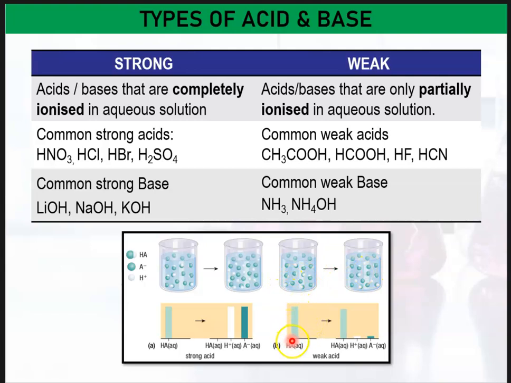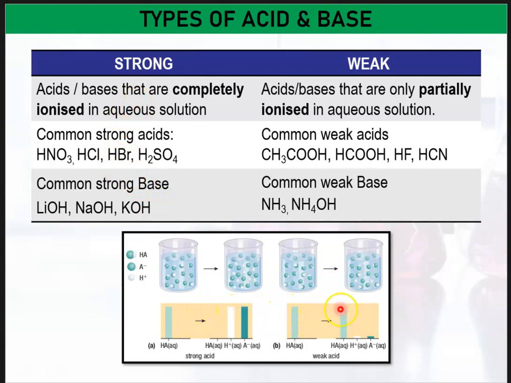If you put 1 molar, not all 1 molar will produce H and A. Some of the molecules will still remain as HA, does not dissociate. So that is the meaning of strong and weak.